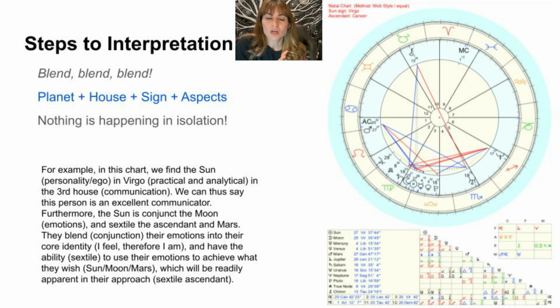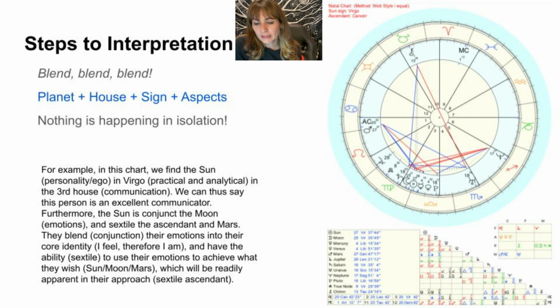And Virgo sun people typically have a big emphasis on cleanliness, their health, their physical body. So it's in the 3rd house of communication. So we're moving all this together, and we can say that this person is going to be succinct, a very good communicator. They're going to lay things out in an orderly fashion.